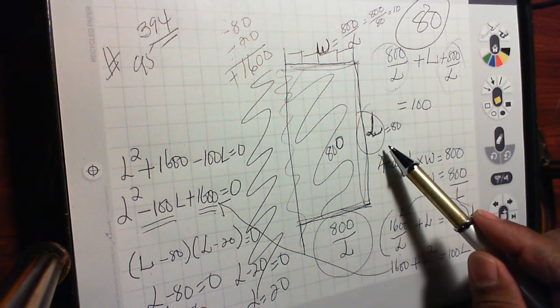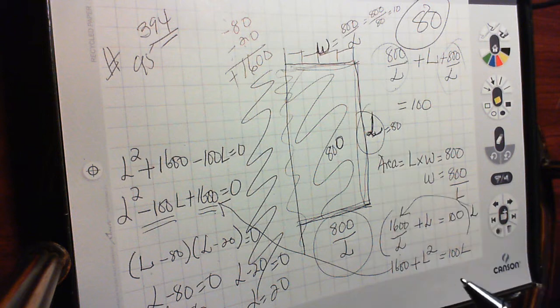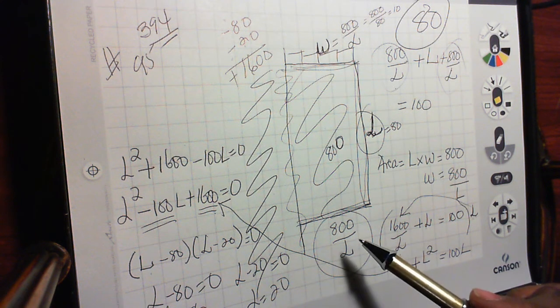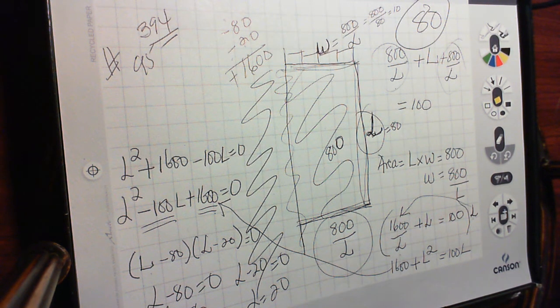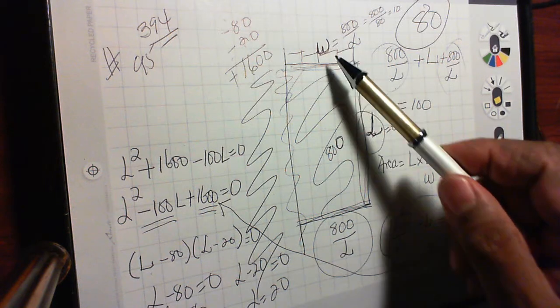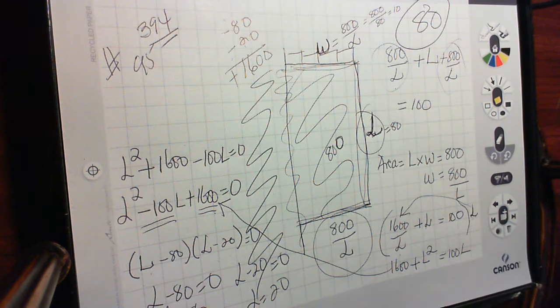So if the length is 20 and the width is 40, does it work? 20 times 40, is that equal to 800? The answer is yes. Now, does the amount of fencing equal 100? Well, if we do this, 20, 40 and 40, 40 plus 40 is 80 plus 20 is actually 100. So in this case, both values will work.